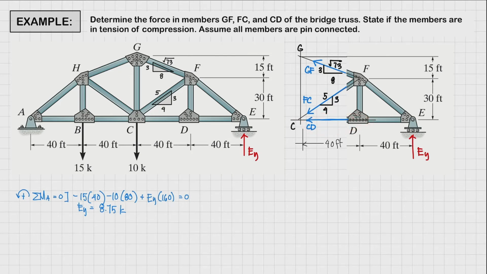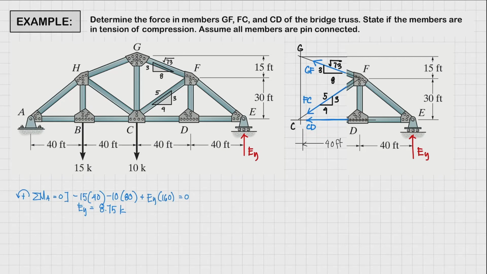I've already placed the similar triangles for our forces. So where should we start first? We could start with summation moment at C so that we could solve for GF, or we could start with summation moment at F so that we could solve for CD. I think that's the easier path, no? So we'll start with the summation of moment at F so that we could solve for CD.